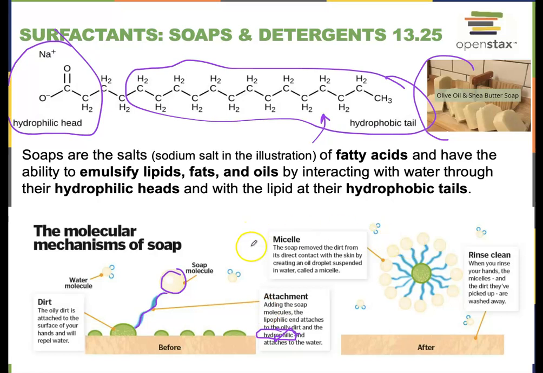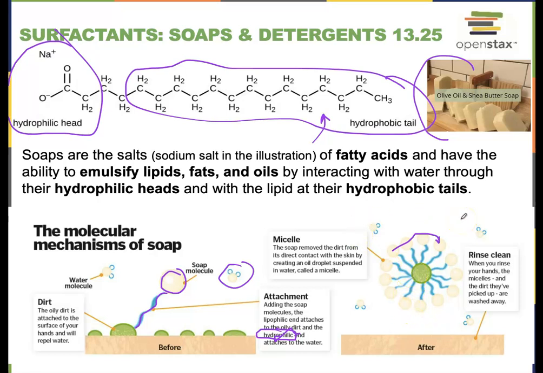The water, as pictured here, little water molecules, will interact with these hydrophilic heads, right? The hydrophilic heads will interact with the water and naturally form this barrier. So the grease will be in the middle along with the fatty acid tails, and then the hydrophilic parts will lift up and away with the water.